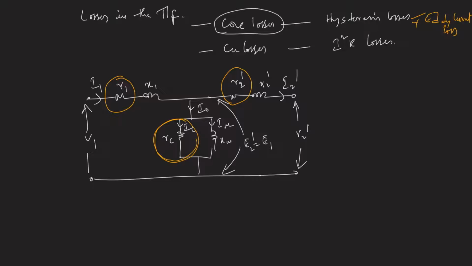And the magnetizing current component is shown by I mu or Im, right?